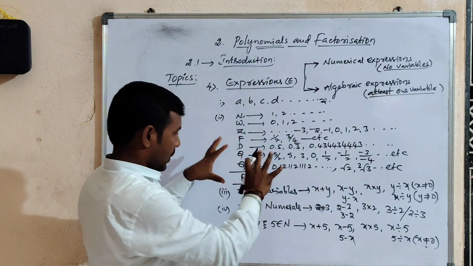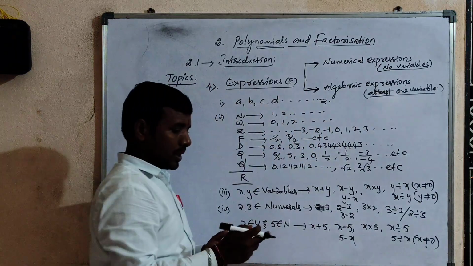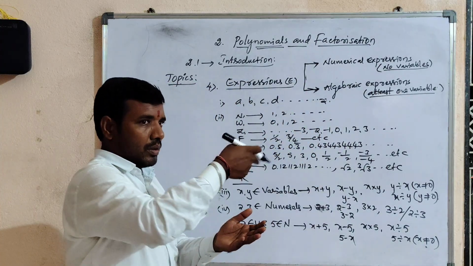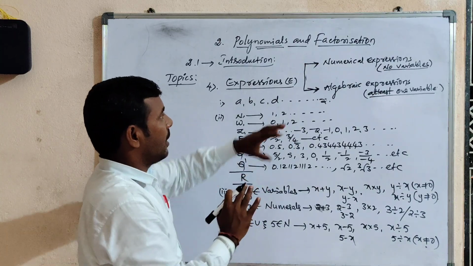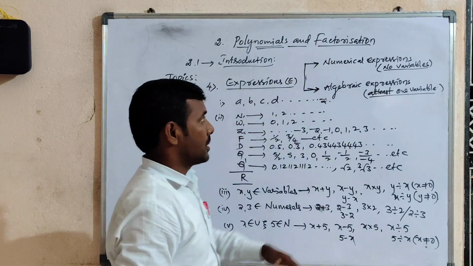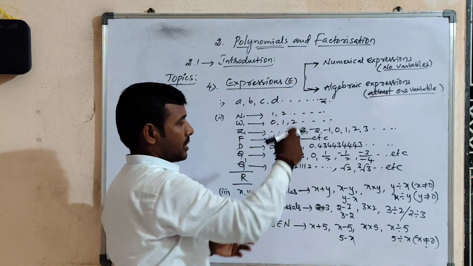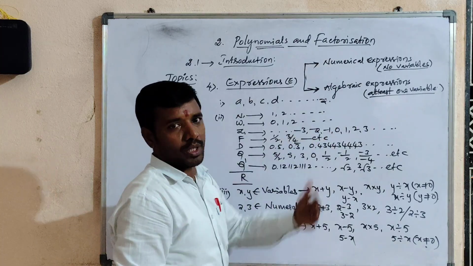So in this total, I want to list out the numerical expressions with a circle. I can divide them into numerical expressions and algebraic expressions. The numerical expressions are going to be rounded, and the rest of them are algebraic expressions only.